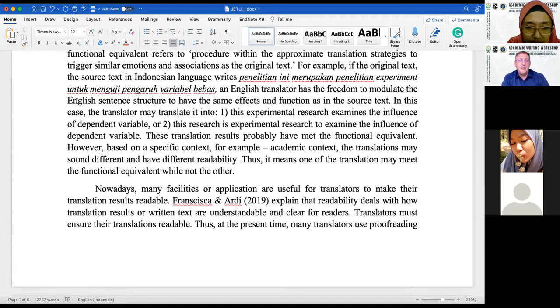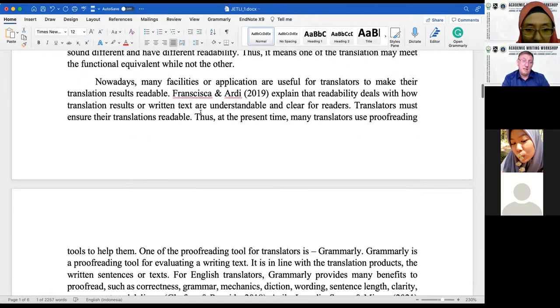See, they're talking about English sentence structure in the source text, but what is it? Is it this sentence, or is it the source text? See, again, instead of using pronouns, just use a synonym or restate the noun. It makes life much easier.